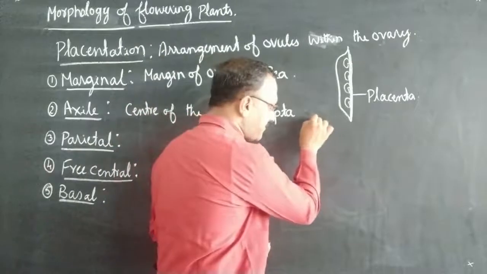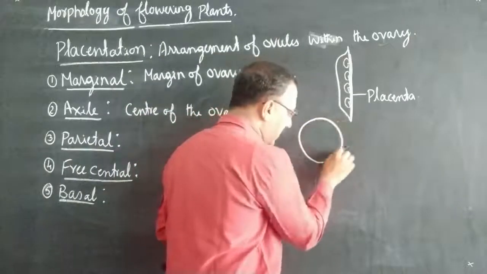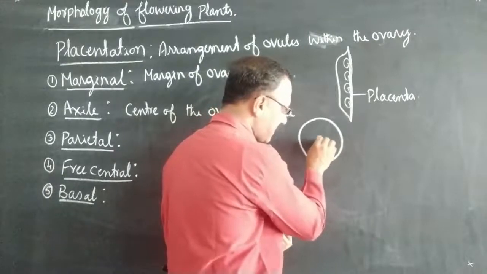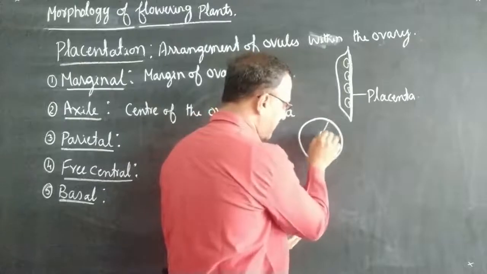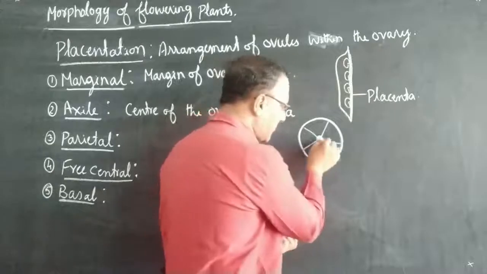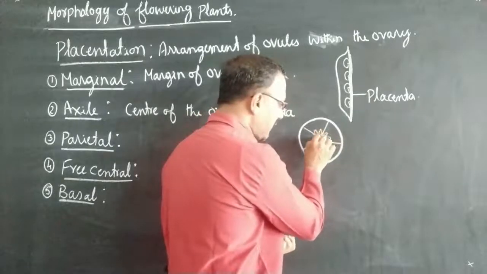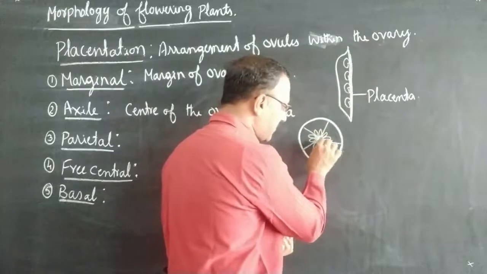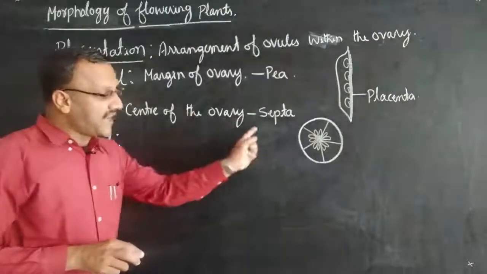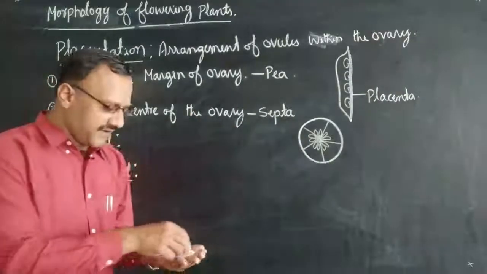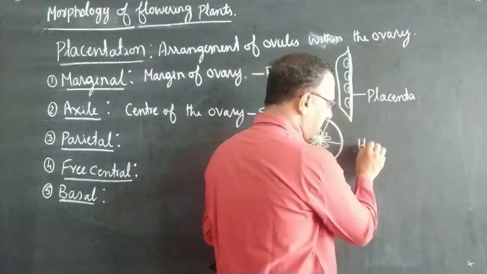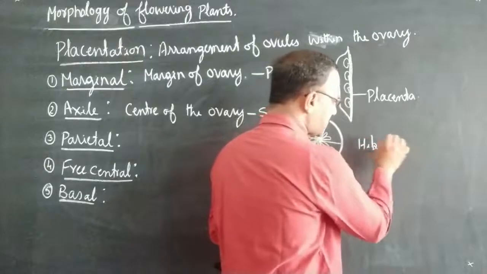In the case of hibiscus or lady's finger, we come across the placenta at the center, and there is a septum separating the carpels, to which the ovules are attached. The placenta at the center, to which the ovules are attached, is called axial placentation. The best example for axial placentation is lady's finger or hibiscus flower.